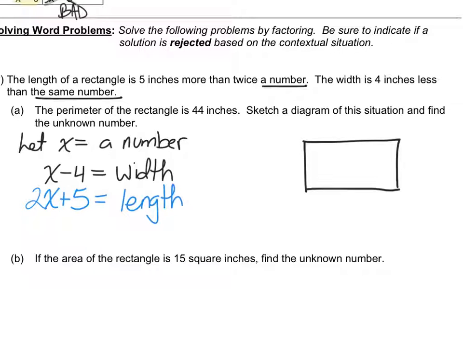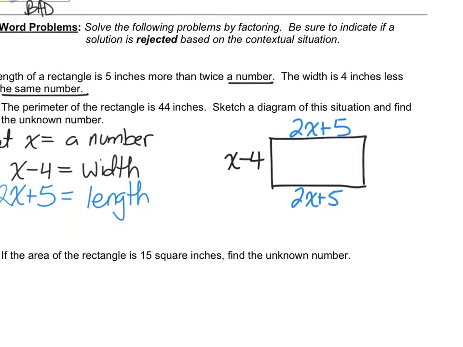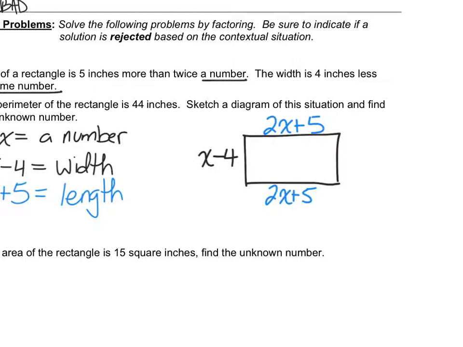So length and width we have represented algebraically. The length is 2x plus 5. The width is x minus 4. And the perimeter is 44.